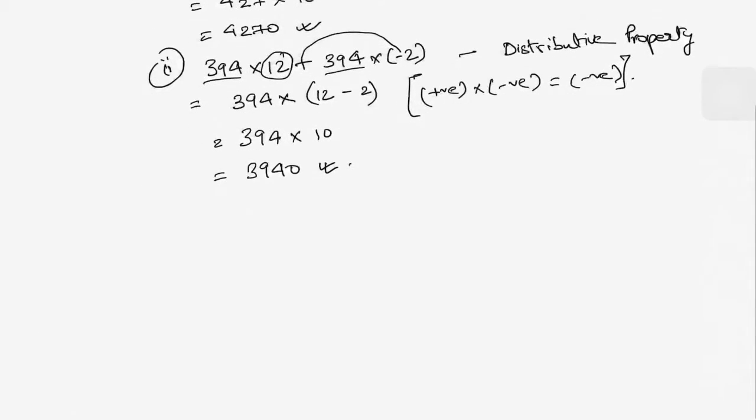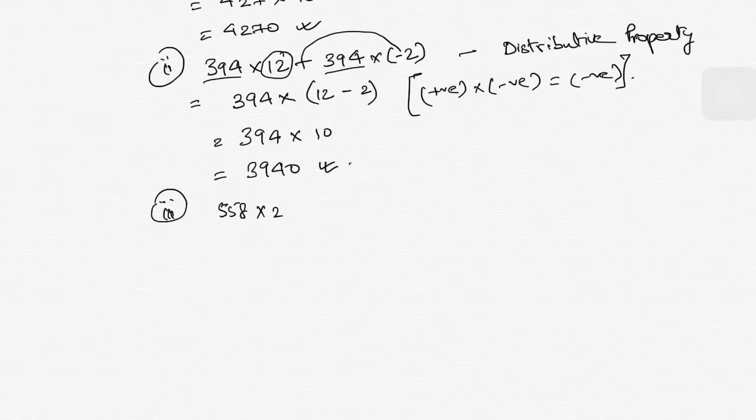Now we are going to see the third problem. That is 558 into 27 plus 3 into 558. Now this is also the distributive property. So you see which is common. It's 558 and 558.